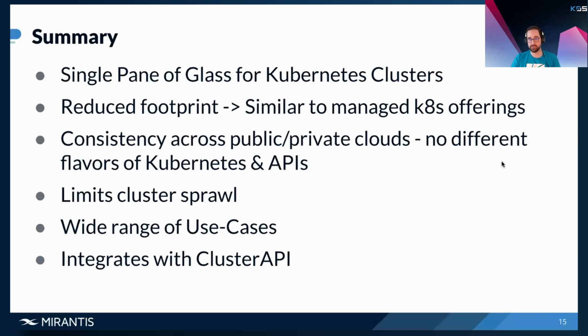It's a consistent experience, a consistent Kubernetes, and consistent APIs across those different clouds or infrastructures. It limits cluster sprawl because you have everything in the one management cluster, or if you want to, different management clusters for different projects, for example, or different environments. And this allows a wide range of use cases.